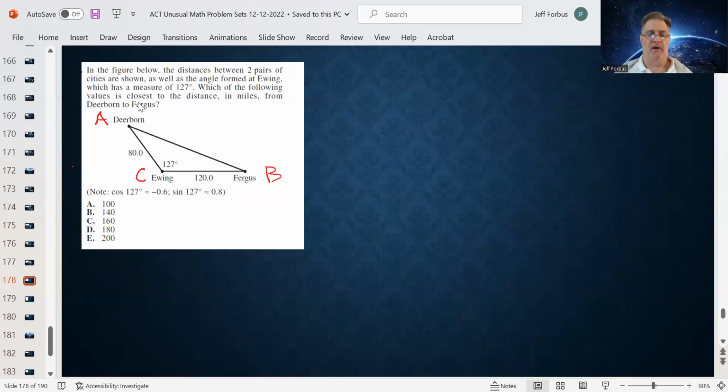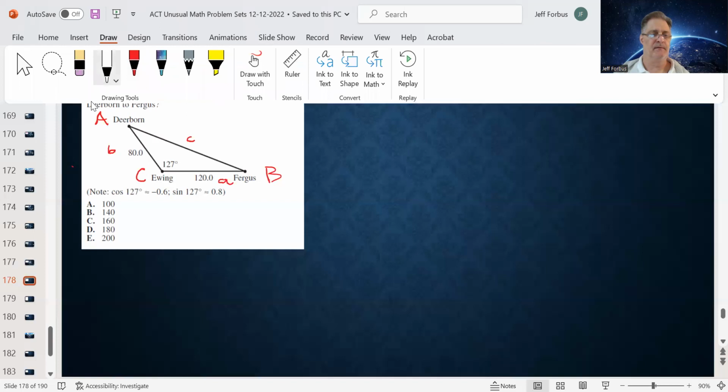The corresponding side of angle C is what looks like the hypotenuse. Lowercase b is 80 and lowercase a is 120. Let me change my pen tip back to white.